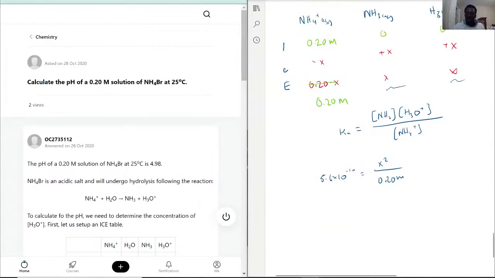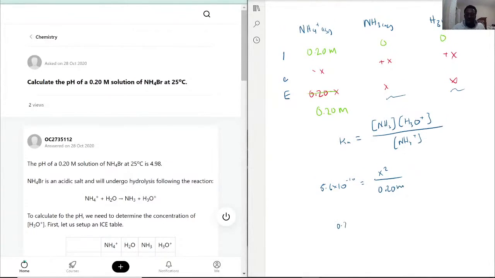So what we have to do is 0.20 moles times 5.6 times 10 to the negative 10, which gives x squared. Now the square root of all that would give us the x, which accounts for the amount of ammonia produced and the amount of H3O as well. So we have 5.6 times 10 to the negative 10 times the 0.2, and then the square root of it.